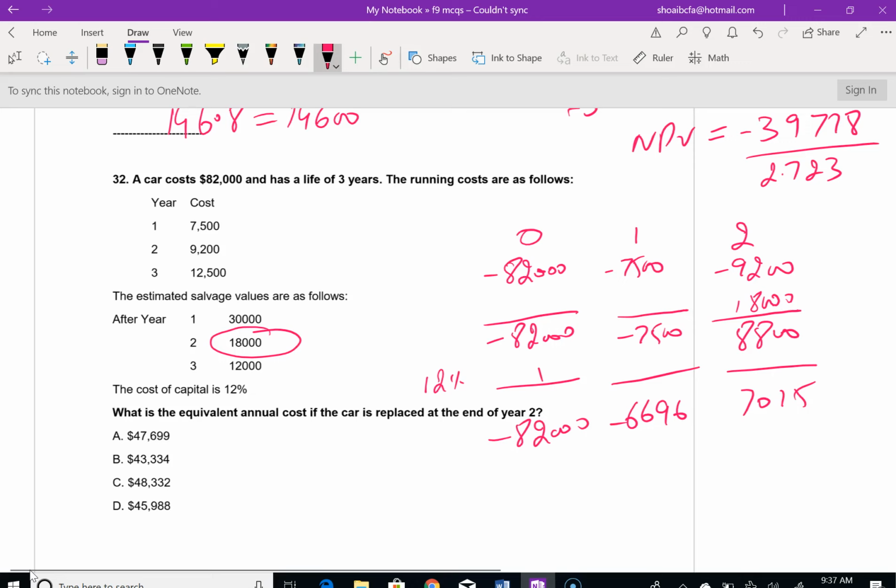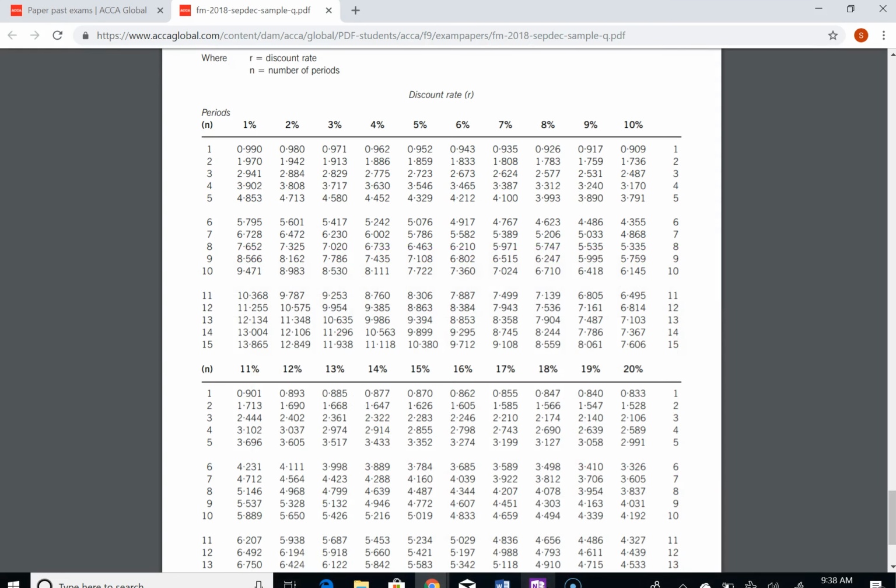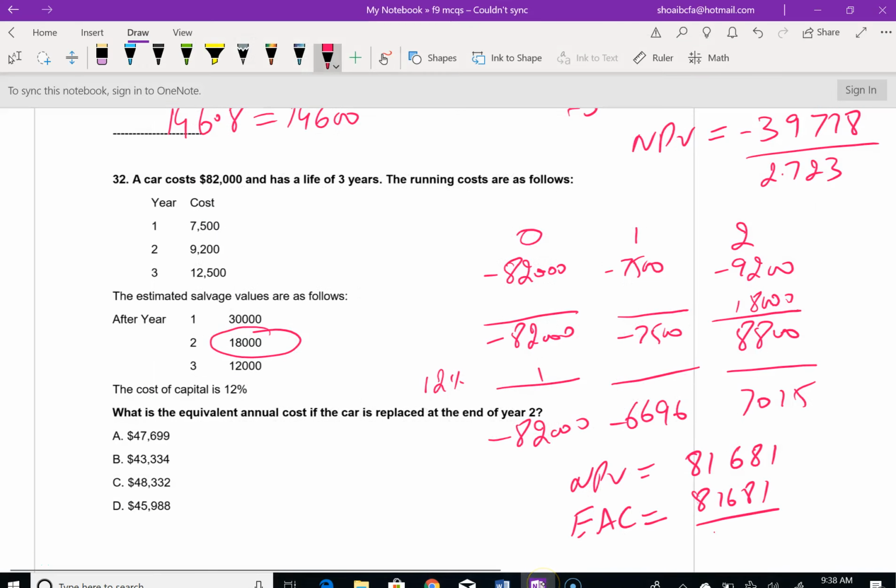So the NPV will be 81,681 and the equivalent annual cost will be divided by the annuity factor at 12%. At 12%, it is 1.69. This is 48,332. This is Charlie, the C answer.